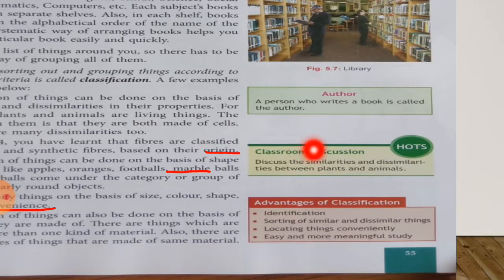You all know the similarity is that plants and animals both are living things, and the dissimilarity is that plants cannot move but animals can move, and plants take in carbon dioxide and release oxygen, whereas animals take in oxygen and release carbon dioxide.